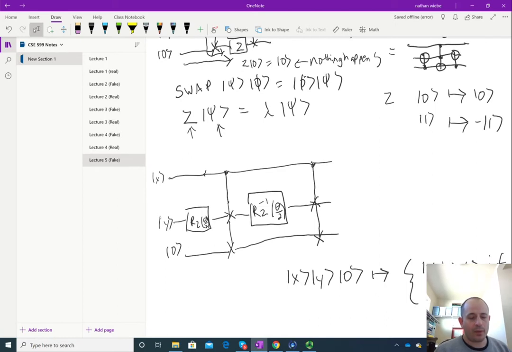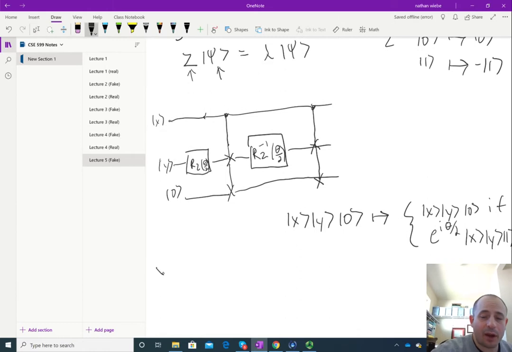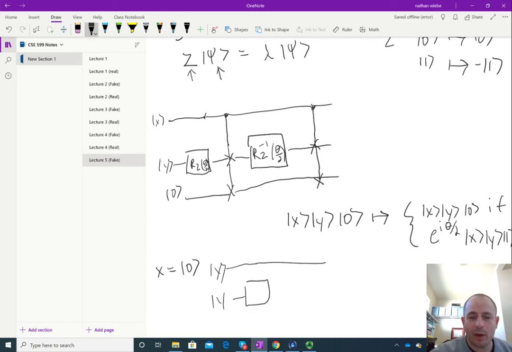The first thing is, let's imagine the case where X equals 0. If X equals 0, then the controlled swaps don't happen, and the circuit is equivalent to X, Y, RZ inverse of 0.